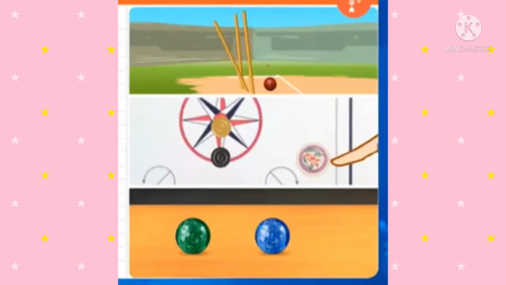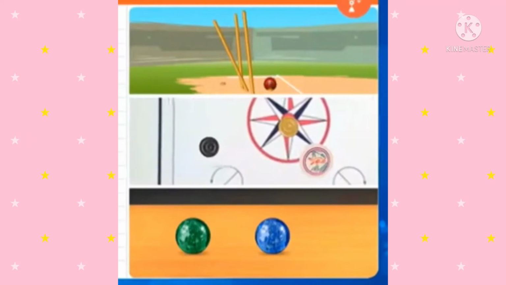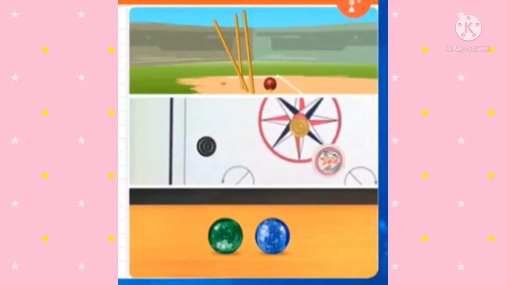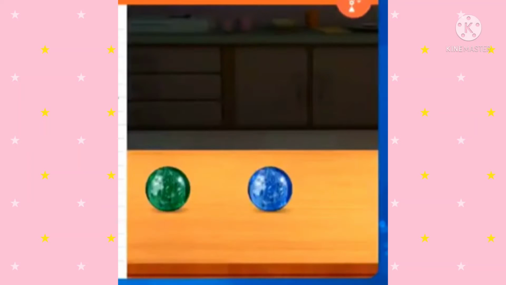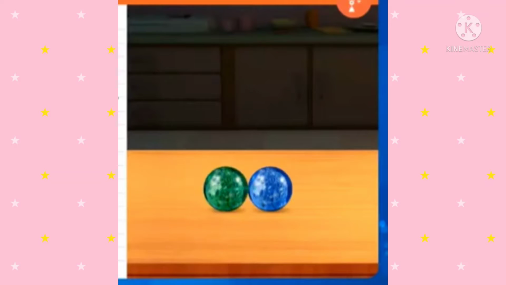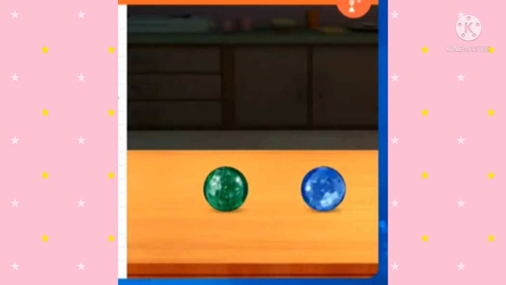Children, from the above examples, we understand that when a moving object strikes a stationary object, the stationary object moves, right? So, the moving object has some energy, part or all of which it shares with the stationary object, thereby setting it in motion. Are you getting me, children?